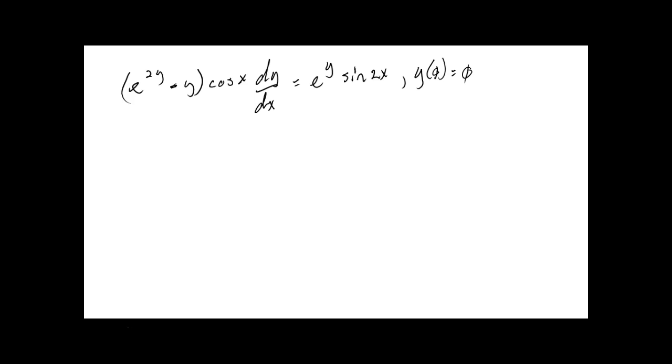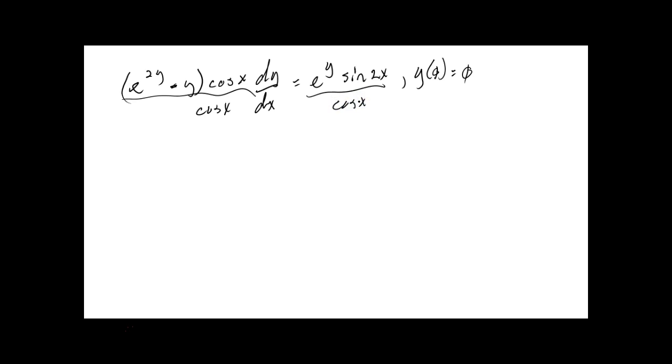Now, again, there's probably several ways in the future you'll see that you can solve this, but for right now, the only way we have under our belt is separation of variables. Well, one thing obvious to do is get the dx to the other side, write it in differential form. But we also want to move the cosine x to the other side. So we'll divide this side by cosine x, and we'll divide this side by cosine x.